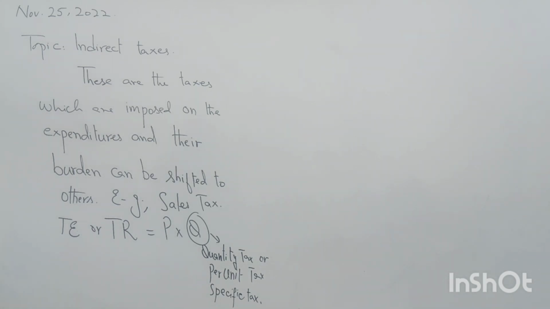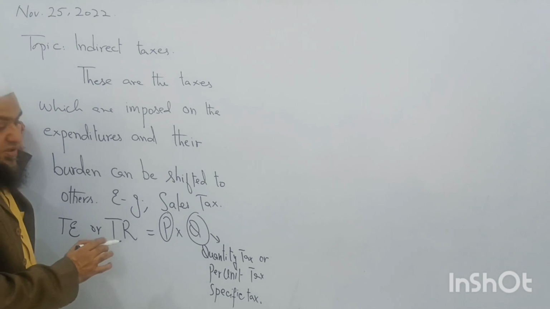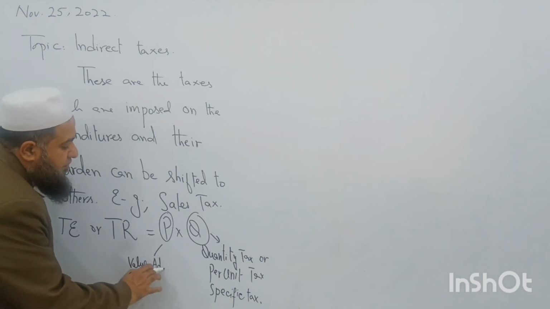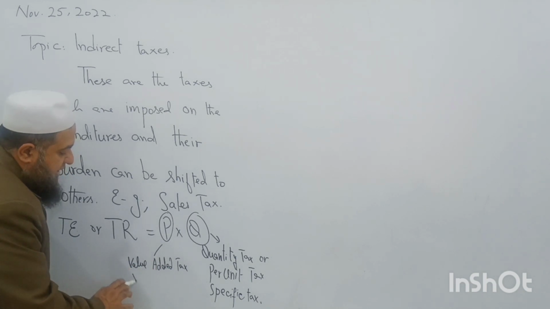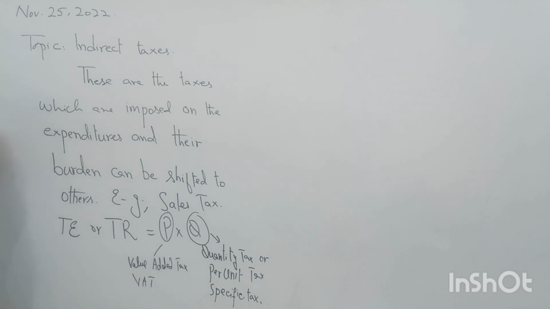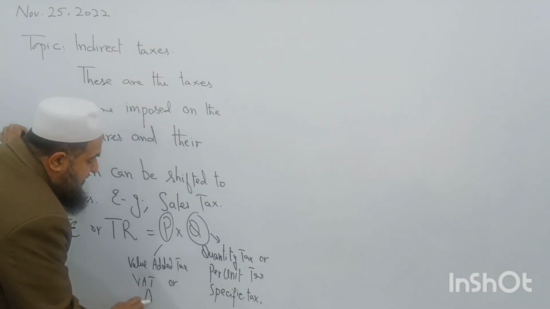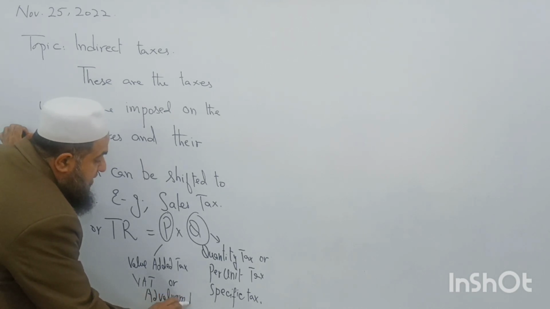When it is imposed on the quantity produced, and when it is imposed on the price of the product, it is called value added tax, or in a smaller short form we say this is VAT. Value added tax, or another name of it is ad valorem tax.